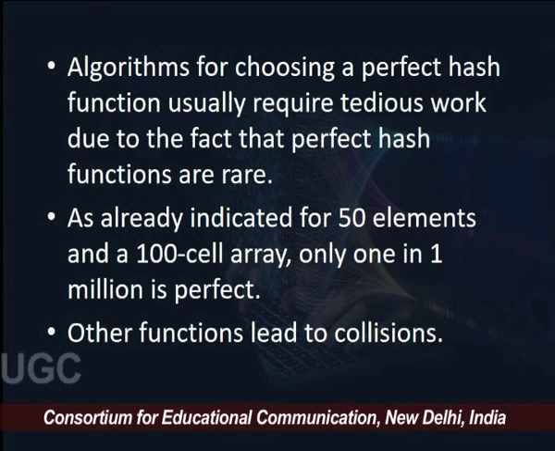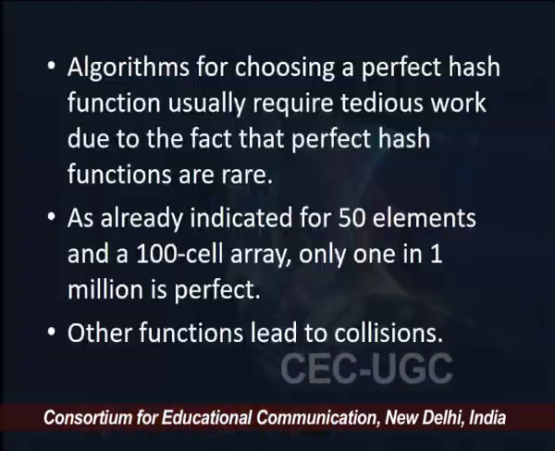In a minimal perfect hash function, the table is completely occupied, but the situation in a perfect hash function can be different, and there that restriction cannot be imposed, and we need to choose a perfect hash function. The algorithm for choosing those hash functions usually requires an intense task, because these hash functions are not very common.